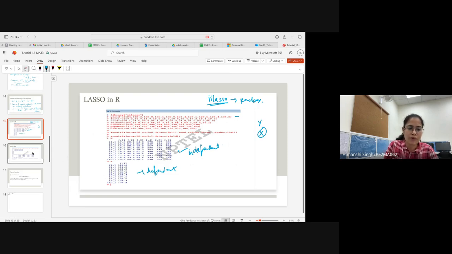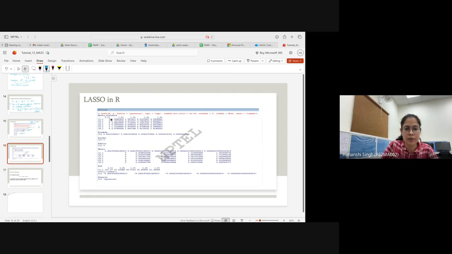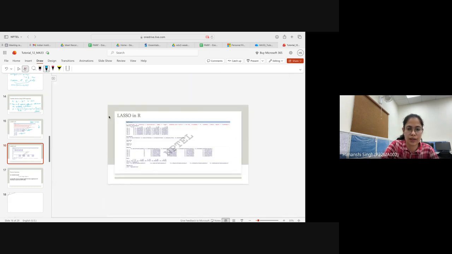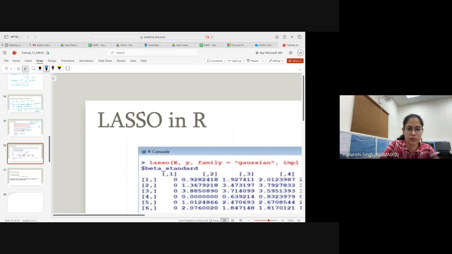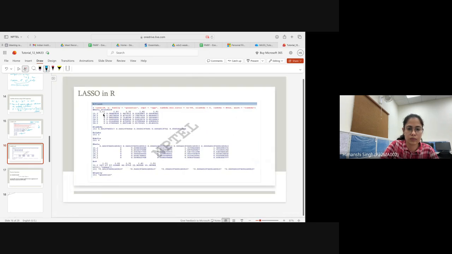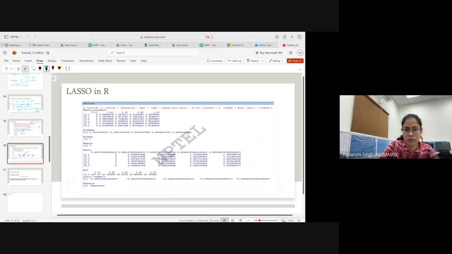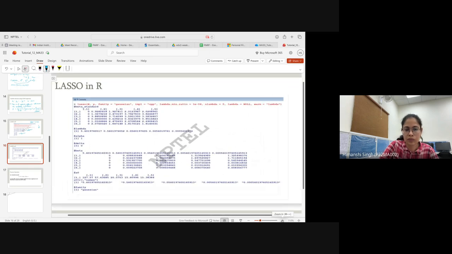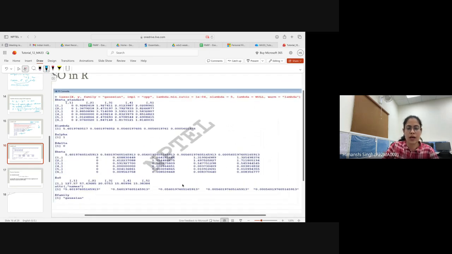Now further, what we have to do is use this command, basically lasso. Let me zoom in a little. So this is lasso(x, y). Here x is the matrix of explanatory variables and y is the dependent variable.